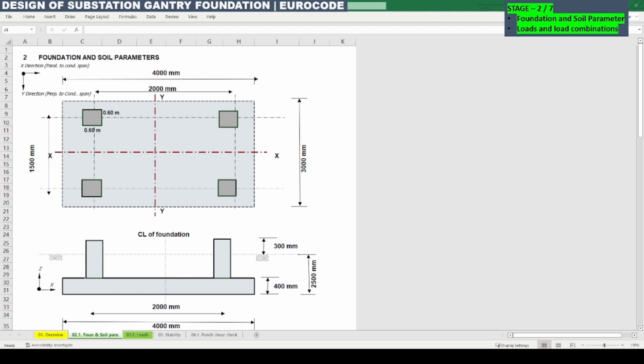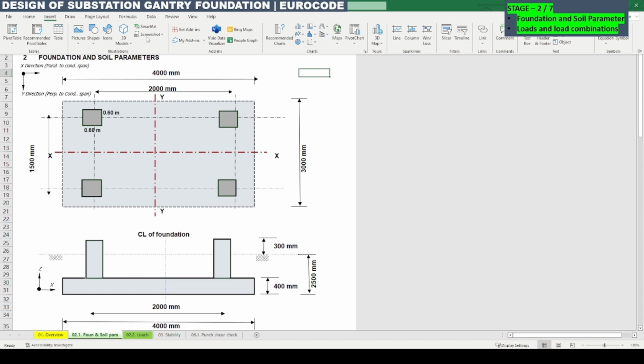So on the screen you can see an Excel sheet which we are using for calculating this gantry foundation design. Here the x direction means it is parallel to the conductor span, and the y direction of the foundation means it is perpendicular to the conductor span.